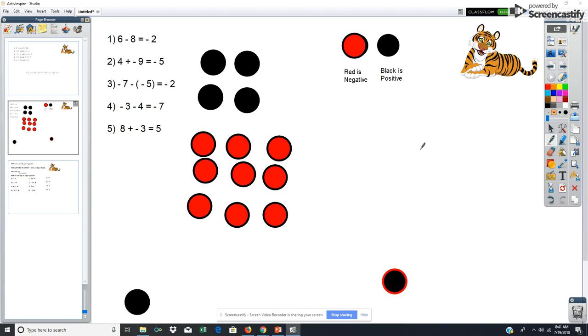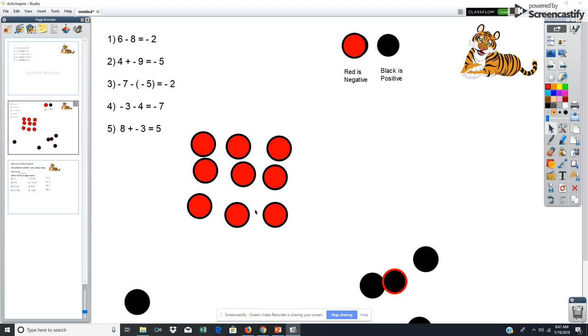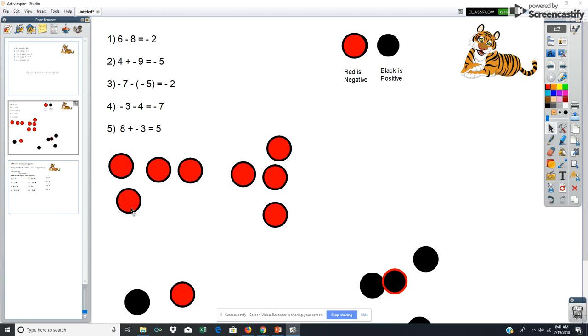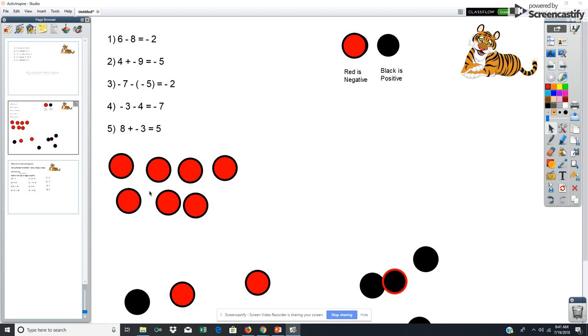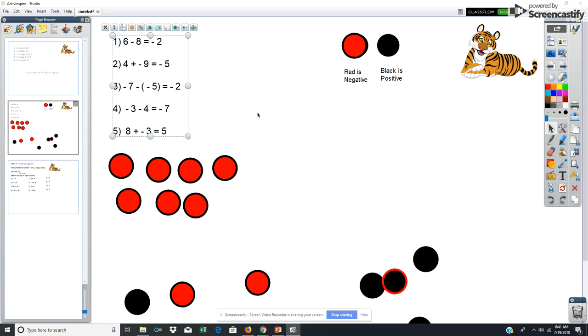Okay. Next, the opposite of 7 and the opposite of 5. So the opposite of 7, 1, 2, 3, 4, 5, 6, and 7. Now, the opposite of 5 would be 5 red ones, but I want the opposite of that.